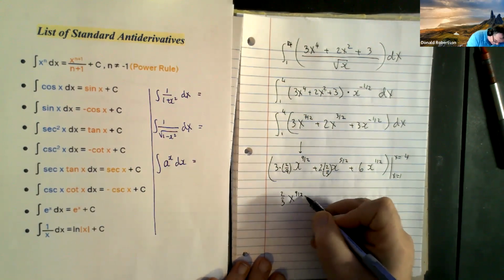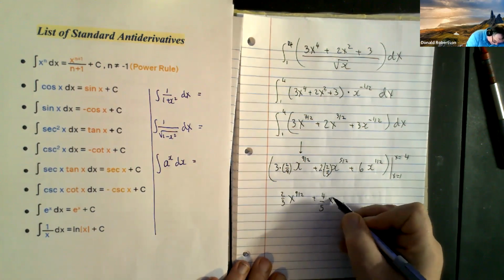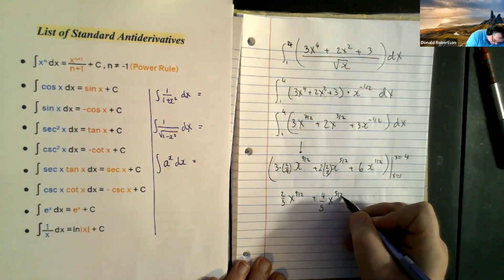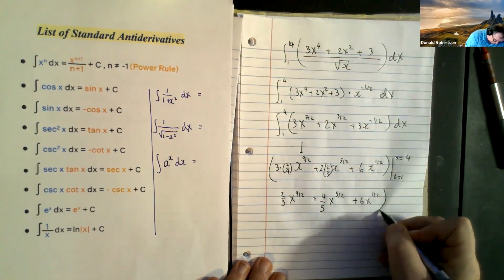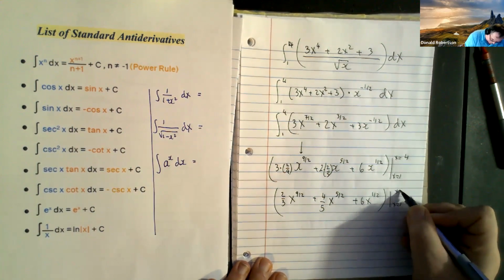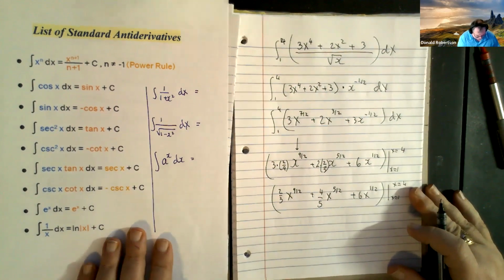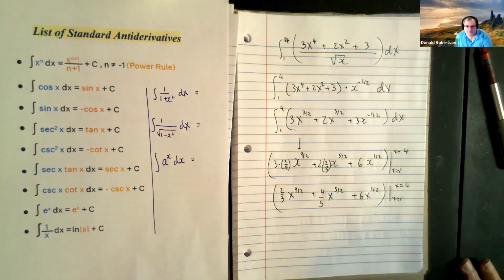X to 9/2. Can't really do much with the middle one. It's going to be 4/5. X to the 5/2. And nothing particularly bad about that last one. And we're here. So this is the simplified version, at least as far as we've got, of the antiderivative using the power rule.